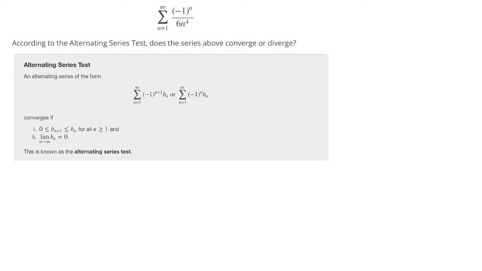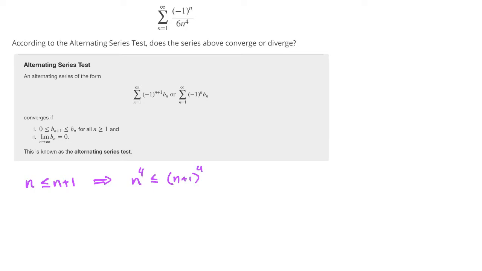For our first condition, we quite naturally have that n is going to be less than or equal to n plus 1. Since raising something to the fourth power is an increasing function for positive values, the direction of our inequality is maintained, and so if we raise both sides to the fourth power, we have that n to the fourth is less than or equal to n plus 1 to the fourth.